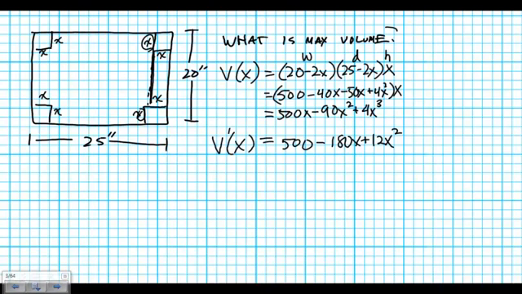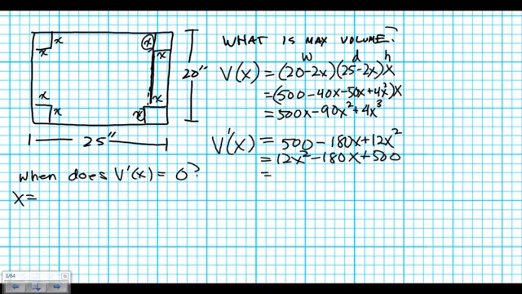So let's say this time we're actually going to find the exact answer. When does v prime of x equal 0? Let me rewrite this in the order more typically found: 12x squared minus 180x plus 500.